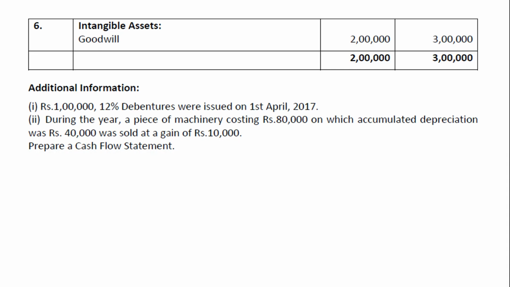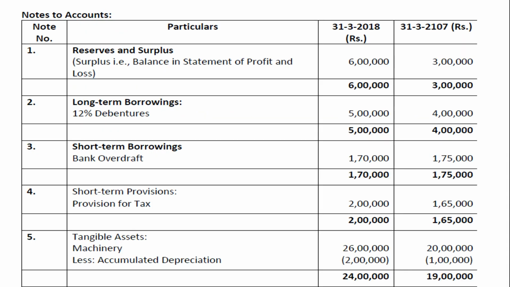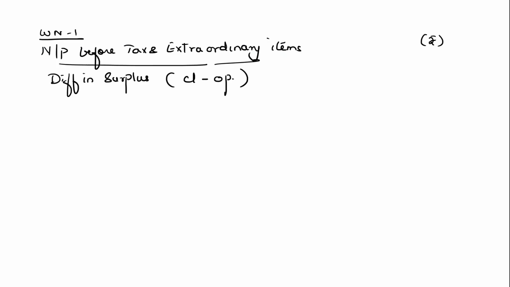Now what is that? That is this amount. Closing is 6 lakh, opening is 3 lakh. So 6 lakh minus 3 lakh. So that would be written here, 6 lakh minus 3 lakh. So 3 lakh is the net profit of the year.